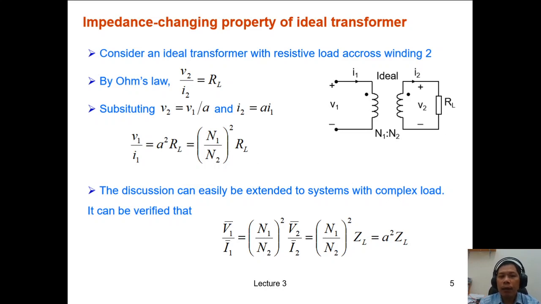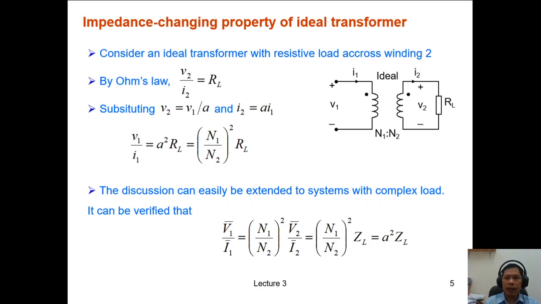We can further extend this to a complex load because we are using AC current, which varies with frequency. Putting RL on coil 2 is equivalent to putting N1 divided by N2 squared times RL across the first coil terminals.